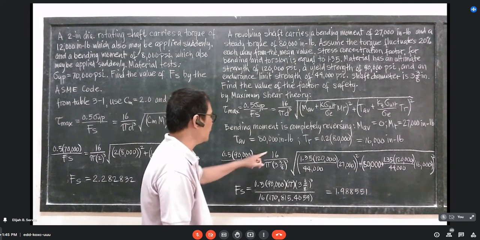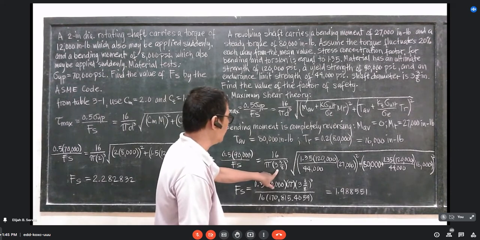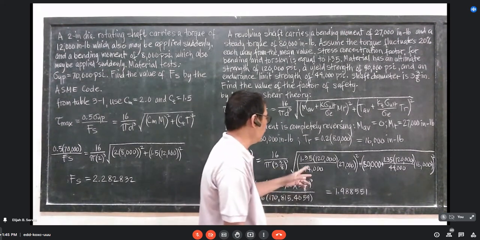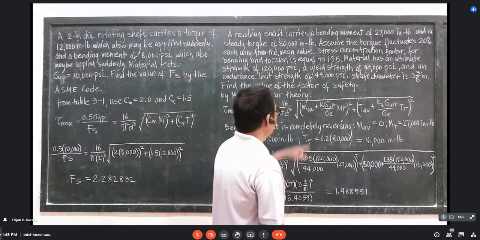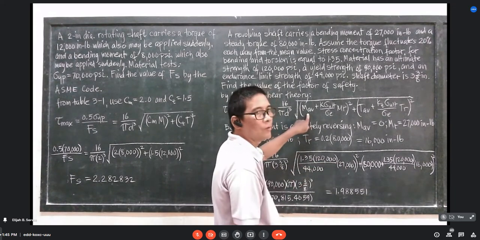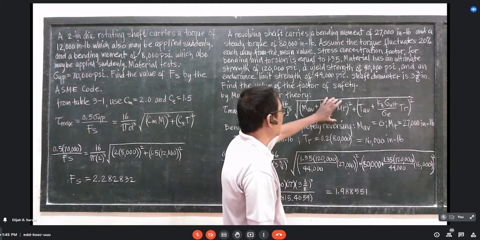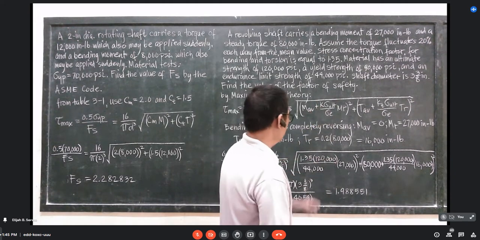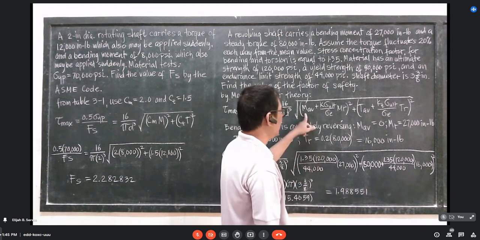Factor of safety, 16 over pi d cube. Our diameter is 3 3/8 inch. And this time, this one is 0. So the value here is only the range part, because our average is 0.